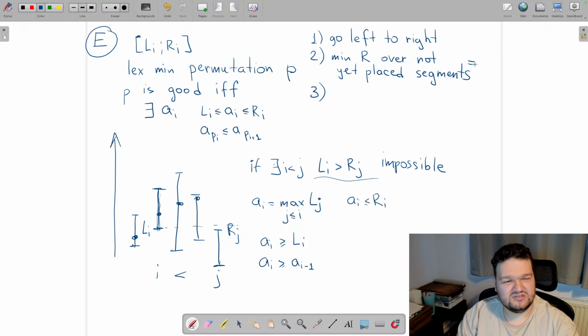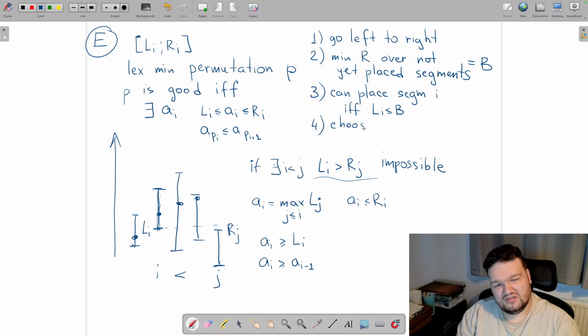So let's call it, I don't know, B. We can place segment i if and only if L_i is at most B. Choose the one with minimum i.